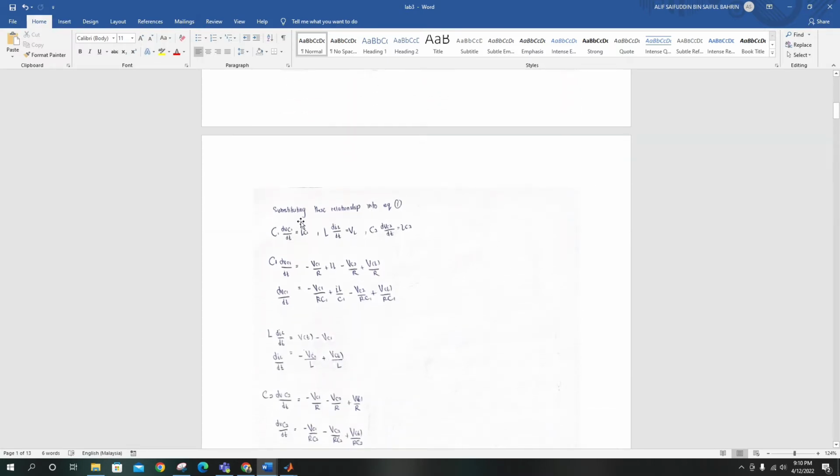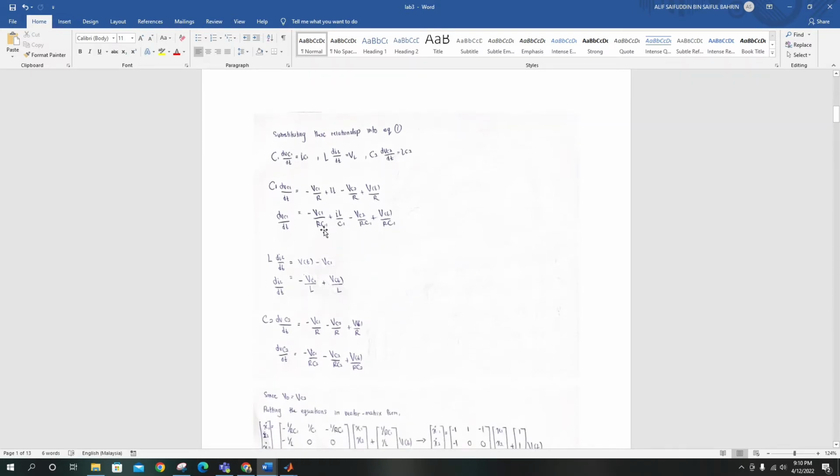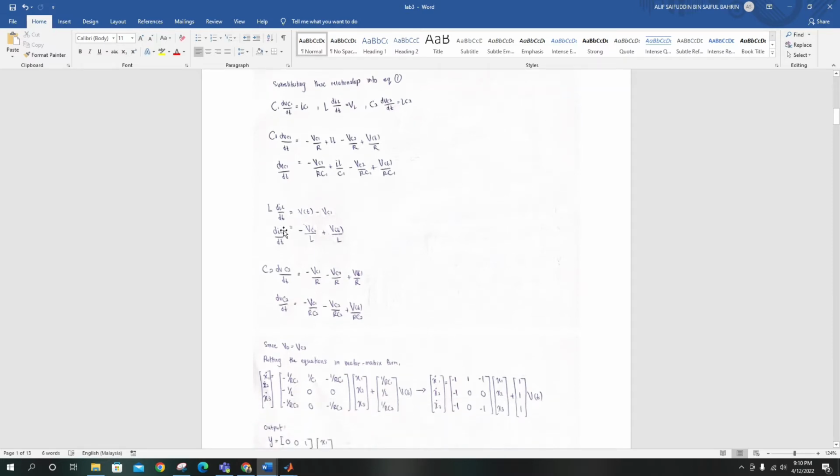Then we substitute this relationship into equation 1 and use C1 dVC1 over dt equals minus VC1 over R plus IL minus VC2 over R plus VL over R, and get dVC1 over dt. After that, we use L dIL over dt equals VT minus VC1 and get dIL over dt.